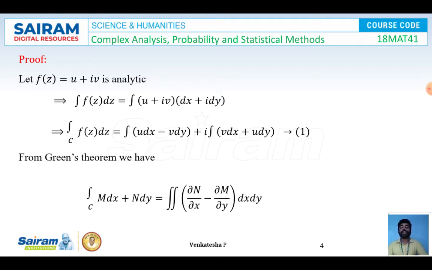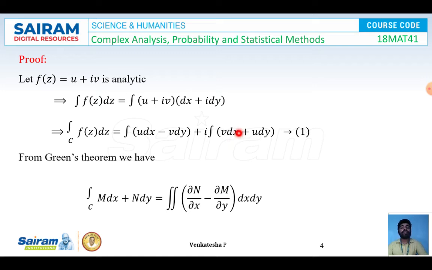Now I am going to compare both the equations. By comparing the first equation with the Green's theorem statement, we can say that u is equal to M and v is equal to minus N. Sorry, N is equal to minus v. So in this equation, we can replace N as minus v and M as u.